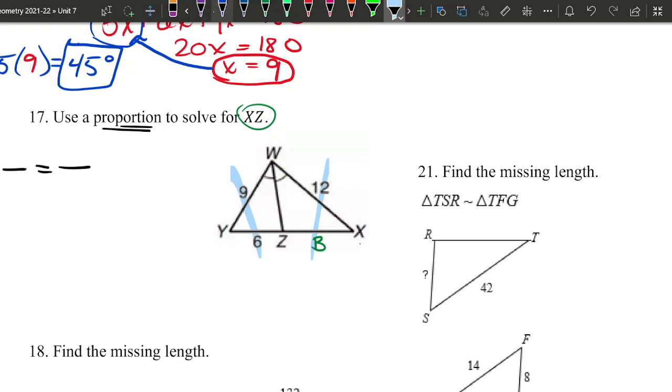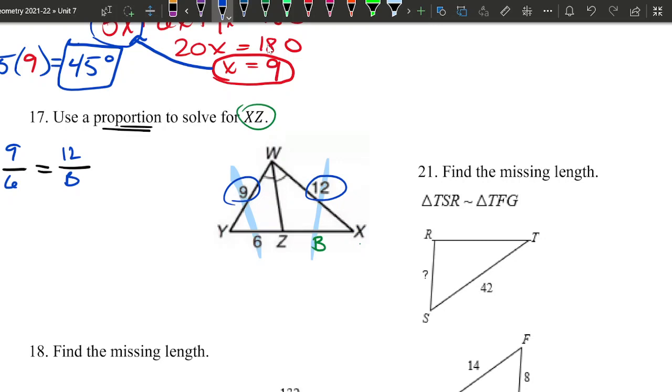All right, so I'm going to set this up as 9 over 6, the left triangle, to the right triangle. Since I put 9 in the numerator, the corresponding piece to 9 is 12. So since I put 9 in the numerator, I have to put 12 in the numerator. I do have to match them. And then that puts b in the denominator.